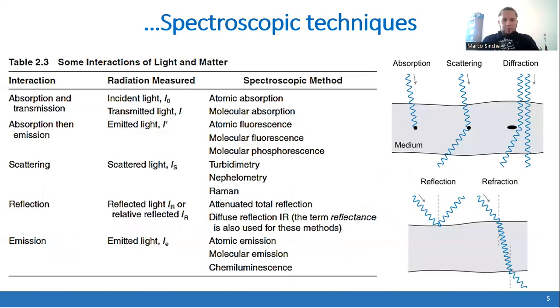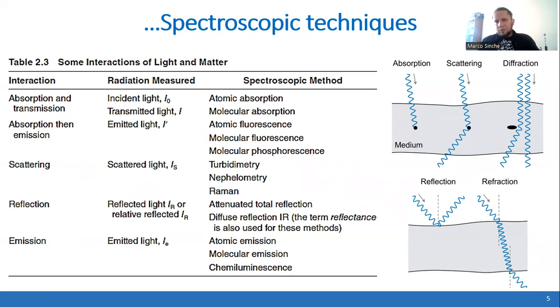In this table, it is possible to see the types of interaction that radiation could have with matter and the names of these interactions, such as absorption, transmission, emission, scattering, reflection. And on the image, it could be seen how each of them behaves.